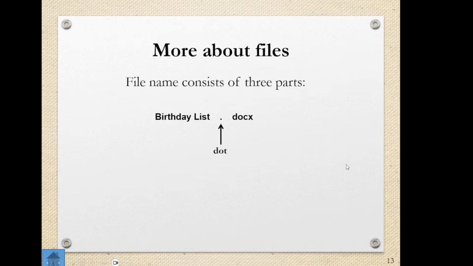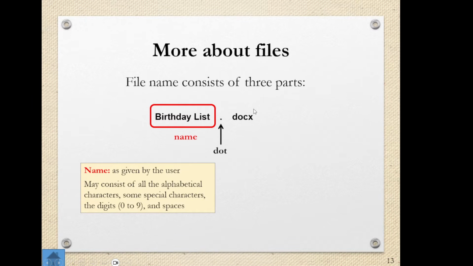Now, you'll notice that each file has three parts. It's got a name, it's got a dot, and it's got an extension. The name is given by the user. This is whatever you want to save it as. Maybe it's birthday list, maybe it's phone numbers, whatever. This is the name you are giving to that file.